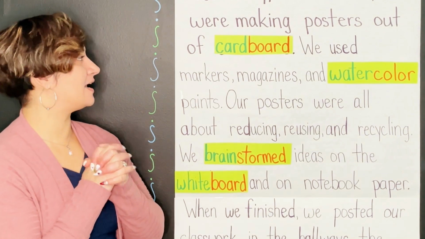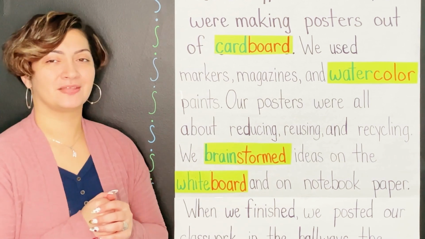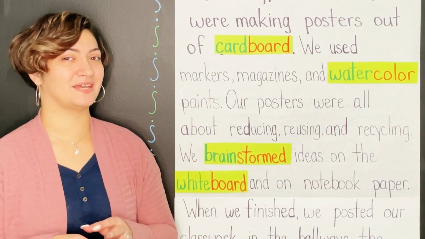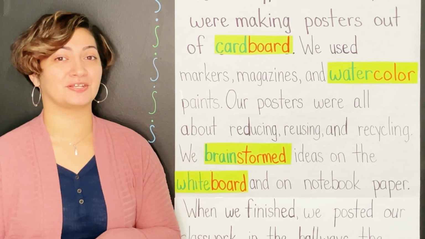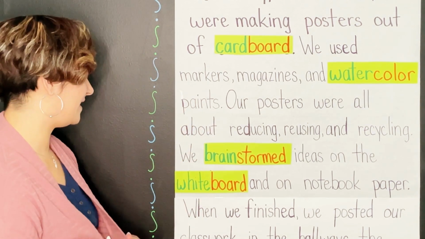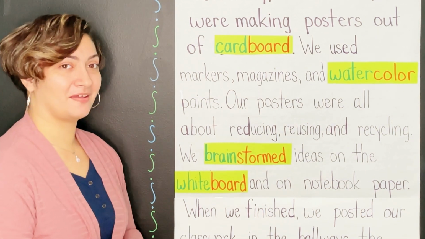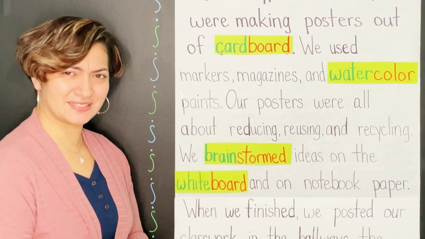I was just looking at cardboard and whiteboard. They both have the same second word. But because the first word is different, the meaning of the compound word is different. Yes. All right. Oh, you see another one? Seriously?